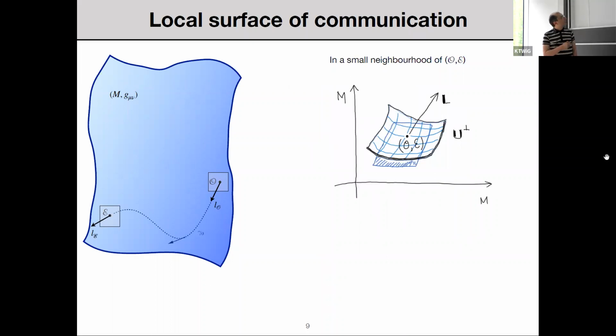Okay, so we've got this complicated local surface of communication here. And we look at it in a small neighborhood around the points O and E. Now, if you have a hypersurface of codimension 1 in a big manifold, locally about this 7-dimensional variety, you may think that I take a small neighborhood in space-time and I draw local cones from any point, and the collection of cones.